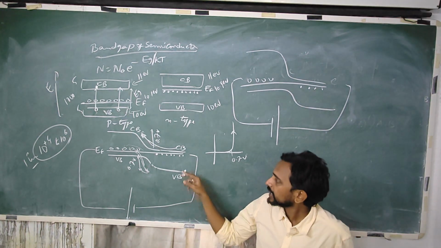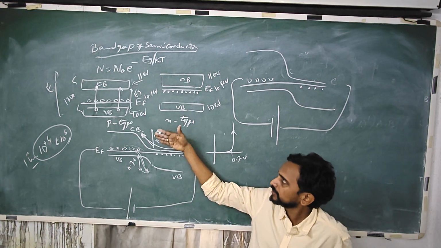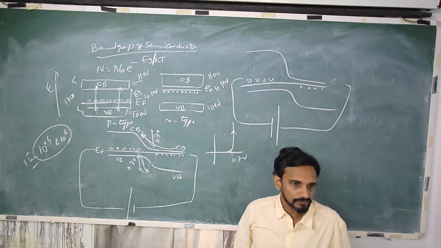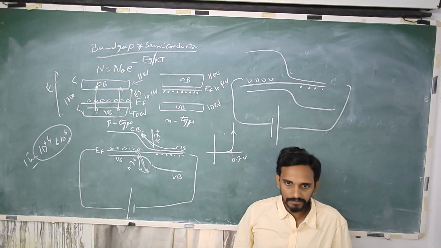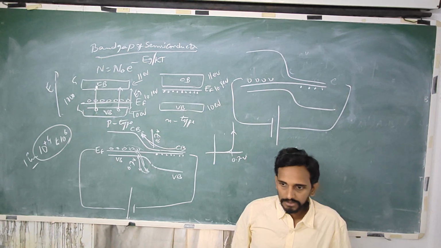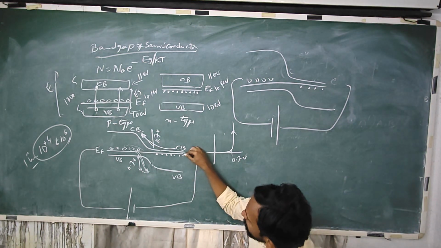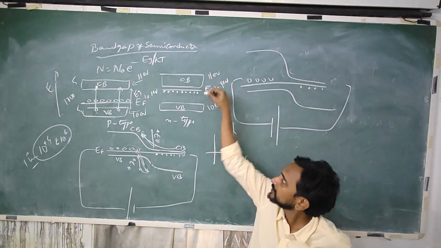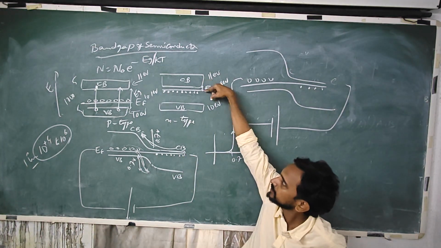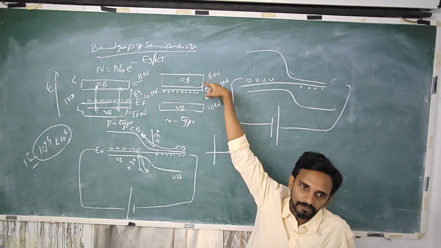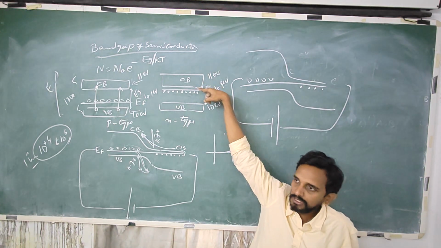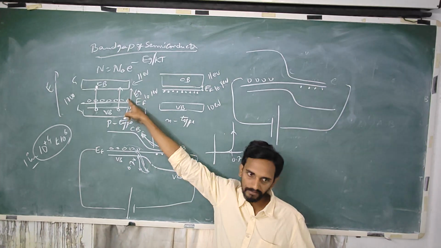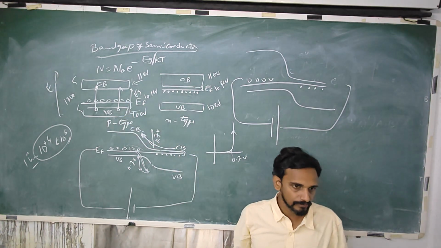So the current in forward bias is mainly due to these carriers, the carriers from the dopant atom. The energy you are supplying here is only sufficient for this gap. That gives you the gap between the donor level and the conduction band. Here, the gap between acceptor level and the conduction band.